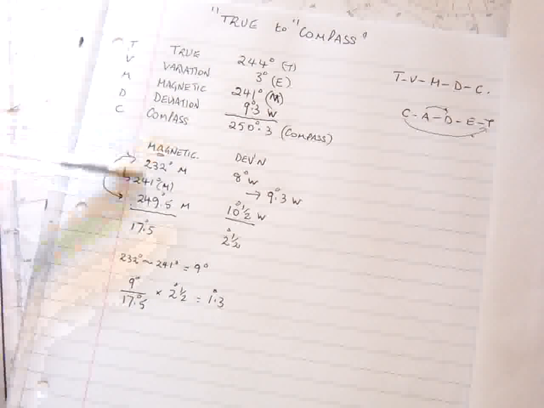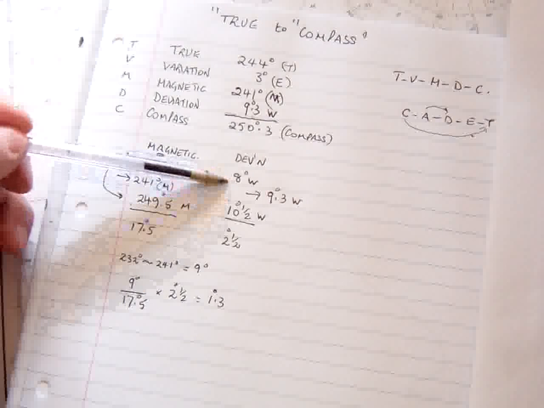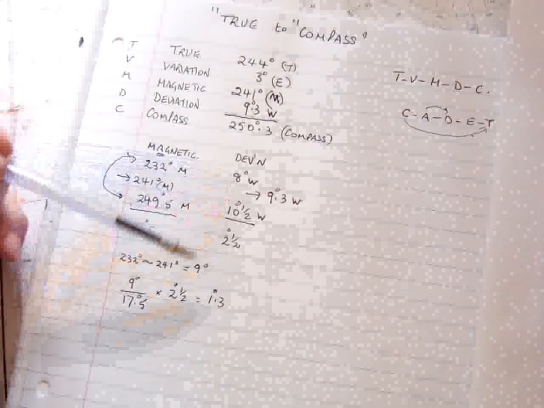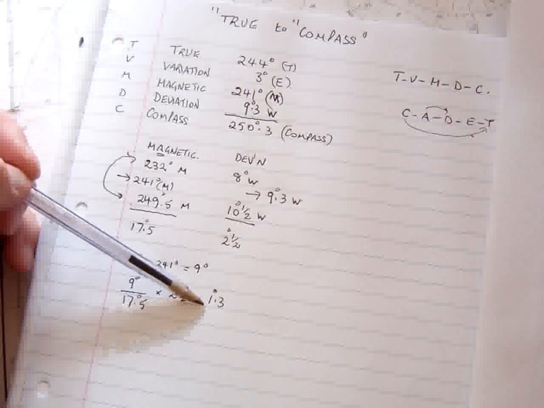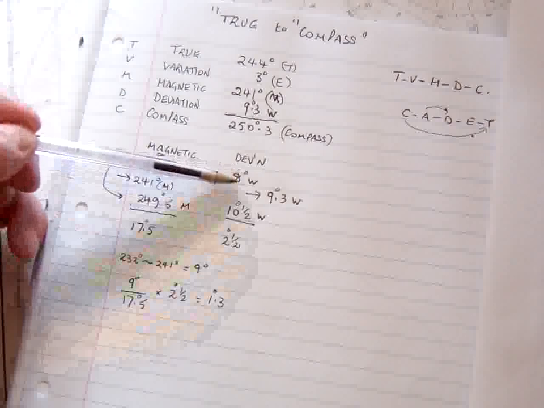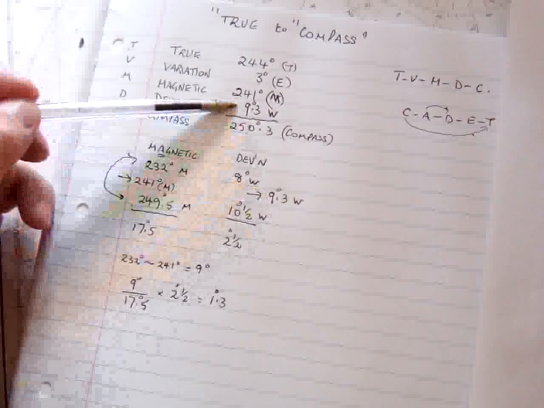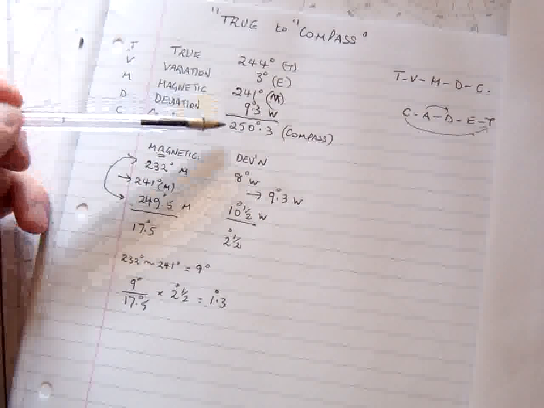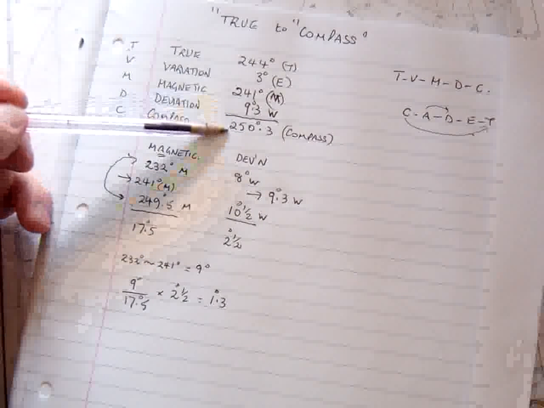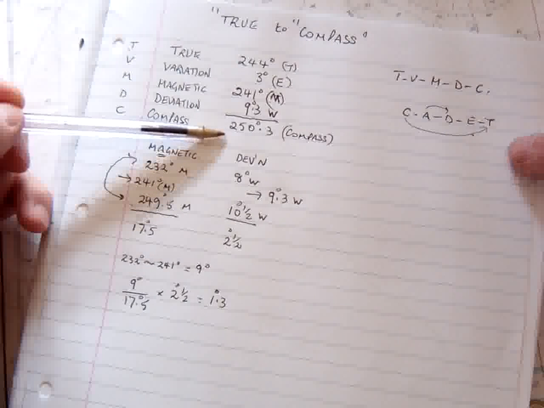Once we've got them either side, we can now interpolate to find out what deviation to allow. In this problem, we calculated the difference was 1.3 degrees. We're going from 8 to 10.5. 8 plus 1.3, 9.3 degrees west. So our deviation is 9.3 west, giving a compass course of 250.3 degrees. And that's how we solve going from true to compass.